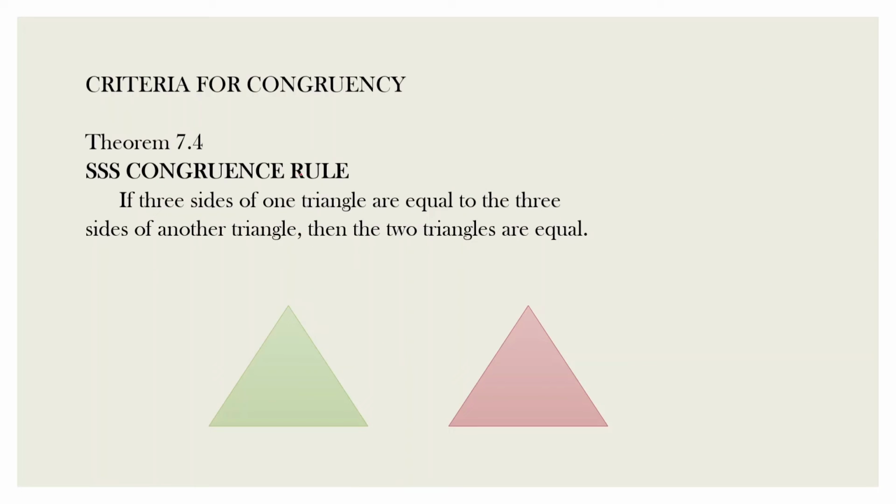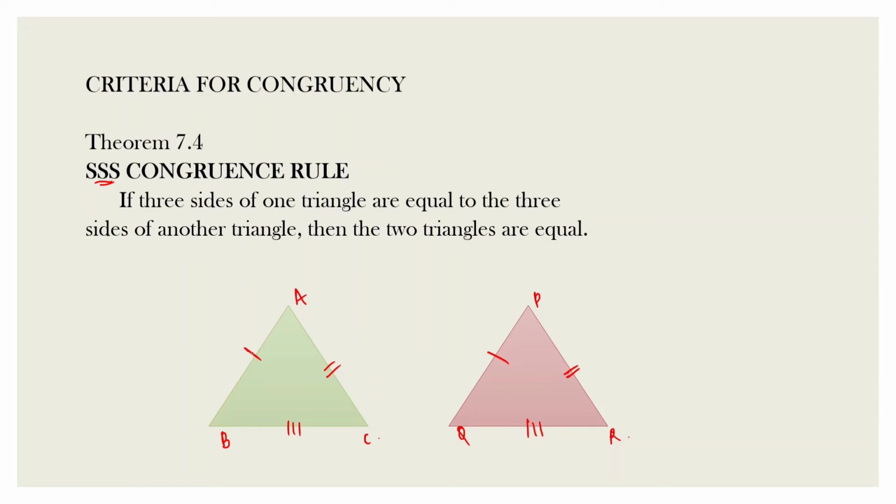Let's look at some more criteria for congruency. Theorem 7.4, SSS congruence rule. If three sides of one triangle are equal to the three sides of another triangle, then the two triangles are congruent. In triangle ABC and triangle PQR, side AB equals PQ, AC equals PR, and BC equals QR.